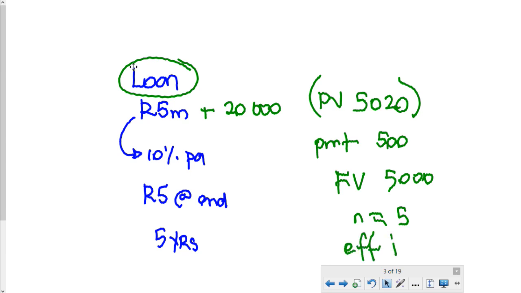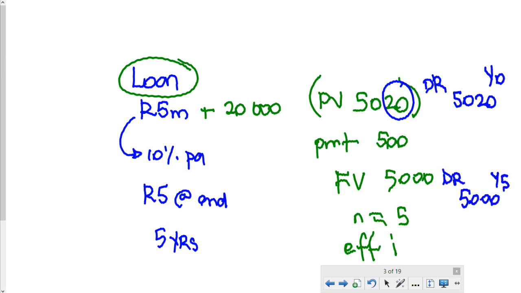And what will happen is that this 20 of interest is going to be amortized over the period, essentially. So our interest is not going to be 500. It's going to be 500 plus a bit of interest. Because I need to get my loan from a debit in the beginning of 5020 in year naught, to a debit of 5 million in year 5, so that when I get paid that 5 million, it settles and disappears, isn't it?